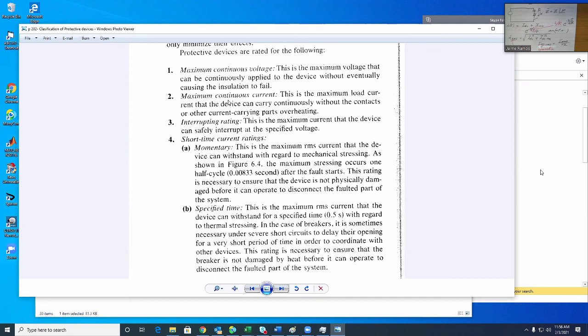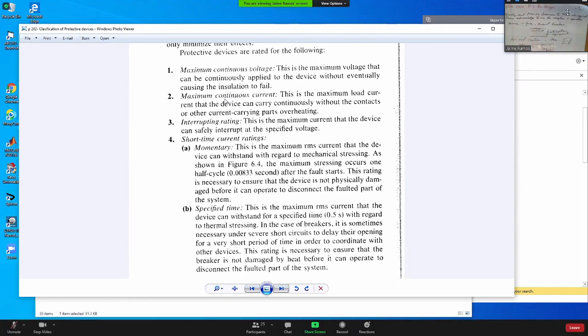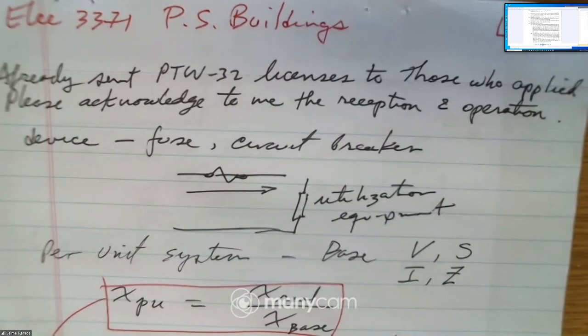Now the continuous current. Remember, it's a device, so it should not do anything. Normally, it should just pass the current through without any action. So that's the maximum continuous current.